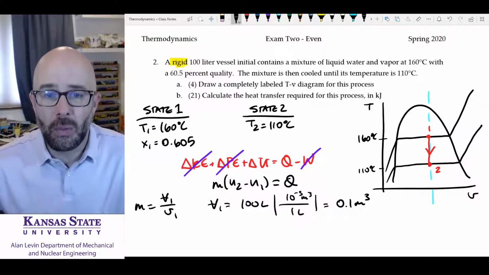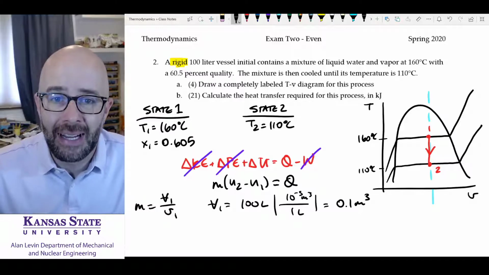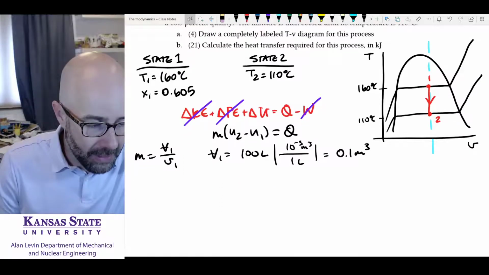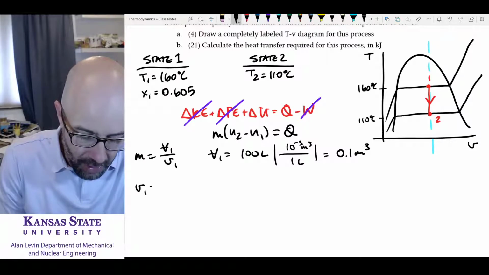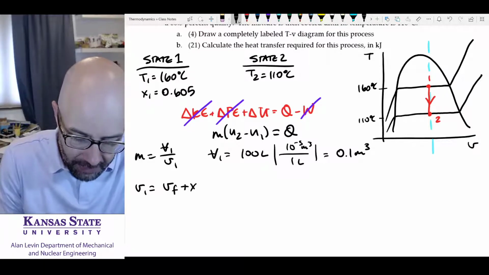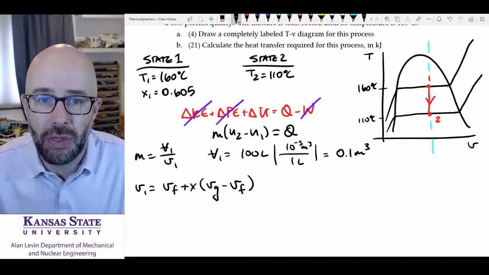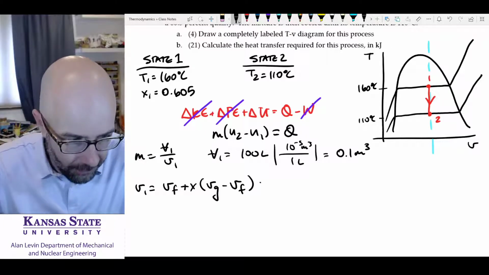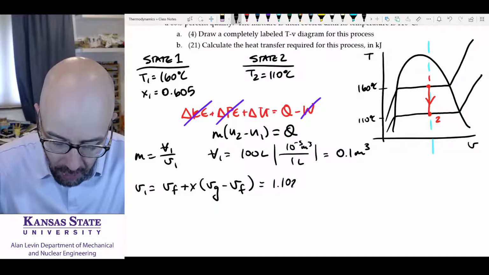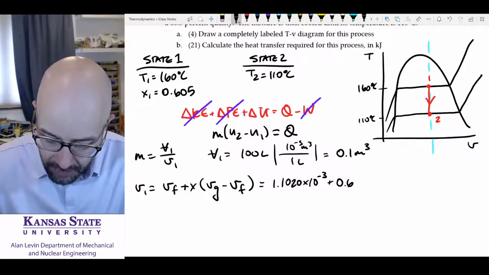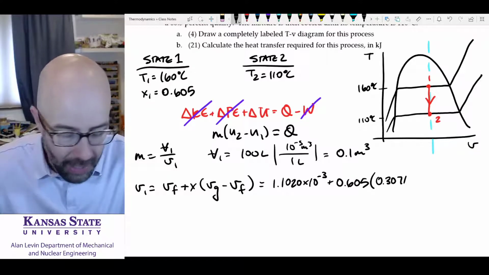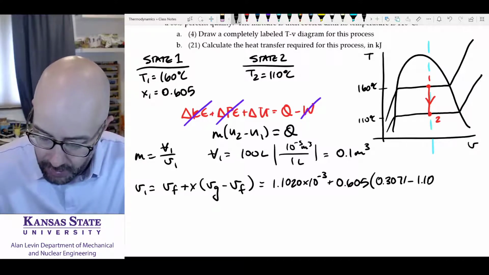Okay? So I need to find out what the specific volume is at 1 and what my internal energy is at 1. For the specific volume at 1, I'm going to use my quality equation, vf plus x times (vg minus vf). And I'm going to go to 160 degrees Celsius and find out what those values are. If I do so, 0.0011020 (1.1020 times 10 to the minus third), plus my quality, 0.605 times vg, which is 0.3071, minus 1.1020 times 10 to the minus third.